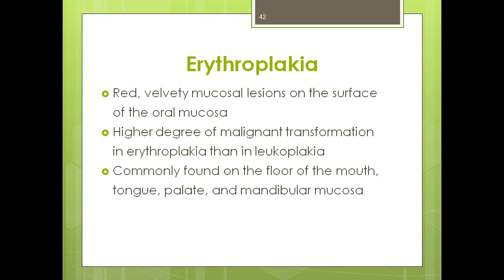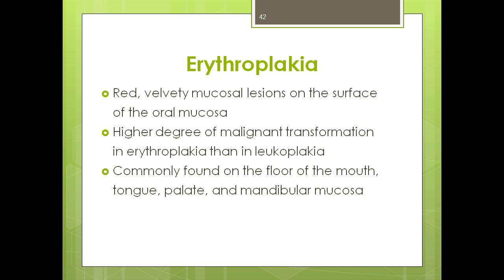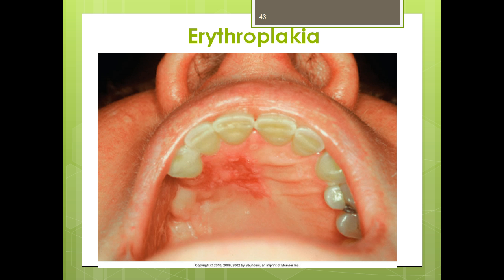So a person who has erythroplakia is more likely to get some type of cancer transformation than people that have leukoplakia, and that's how that looks there. Okay, so erythro, you'll think about it as being red, velvety looking, and it's more common for it to transform itself into some type of cancer.